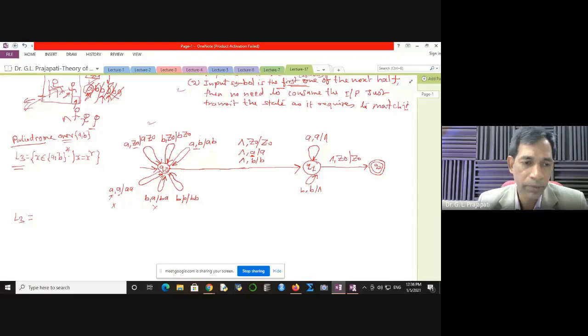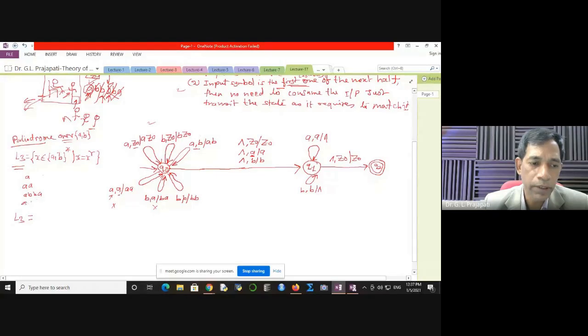Here you have a more complex guess. Some strings may have even length and some strings can be of odd length. So this is the even length, and you have the odd length.